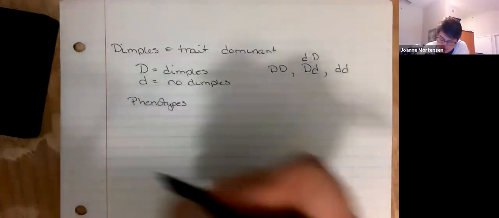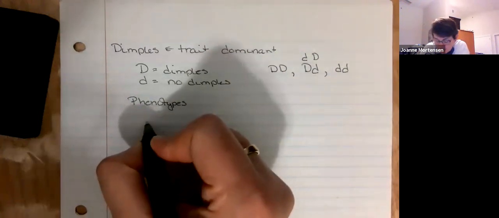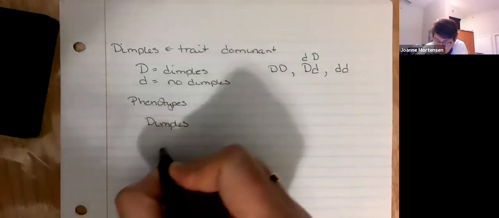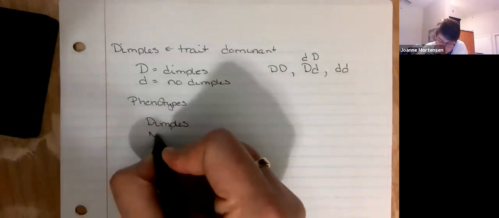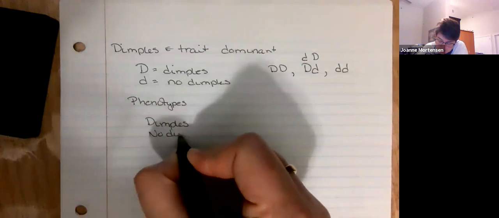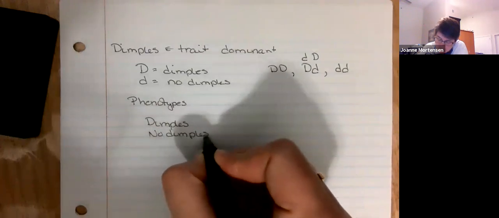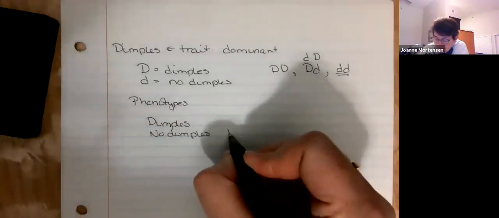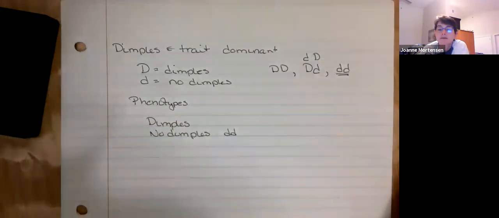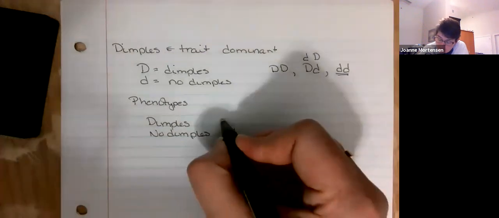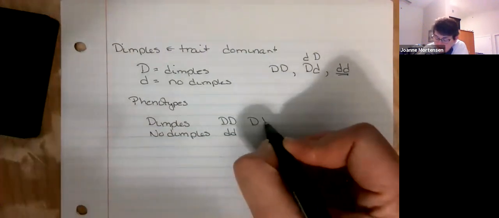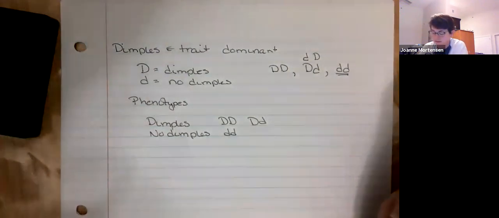So when you look at somebody, either they have dimples or they don't. There's our recessive trait. That's the only way to get no dimples. And capital D, as long as there's a capital D there, you're going to have dimples.